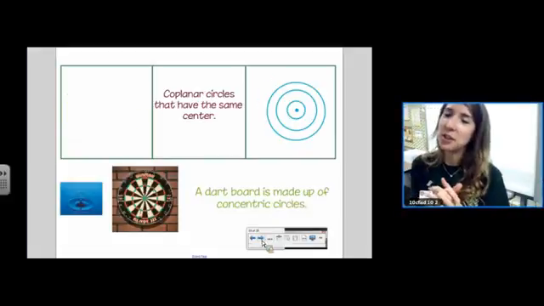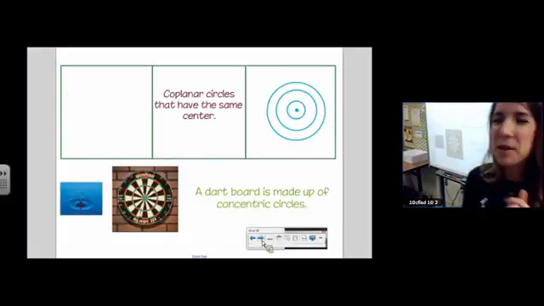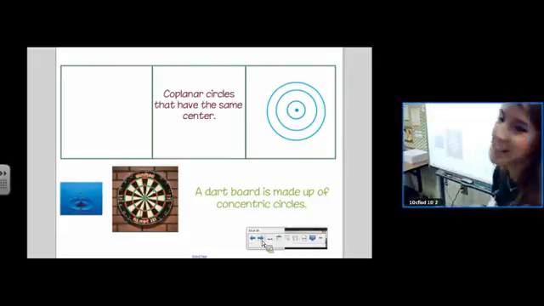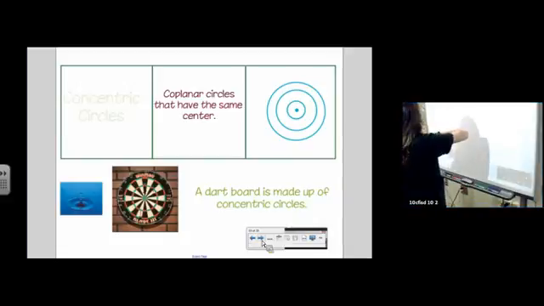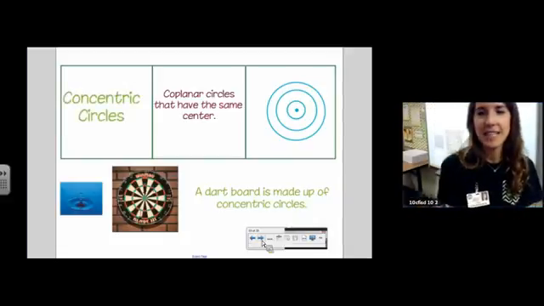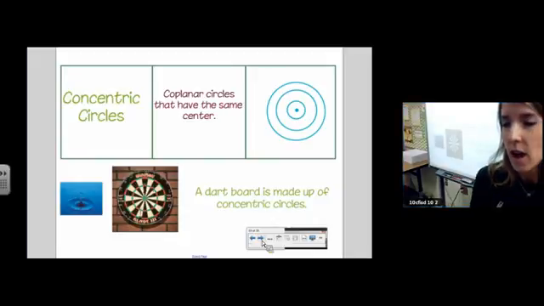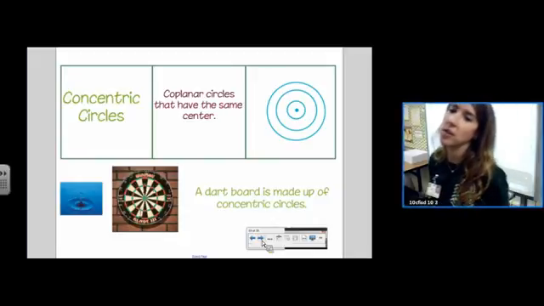They are similar circles, but that's not the vocab word. That would really be appropriate after congruent, wouldn't it? But it's not. Yes, Neil. They're actually called concentric circles. Concentric circles are coplanar circles that have the same center. A dartboard is concentric circles.